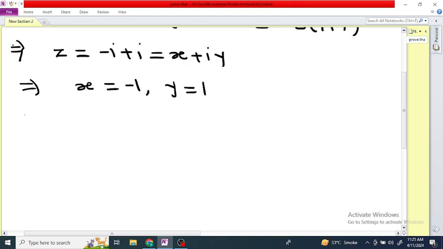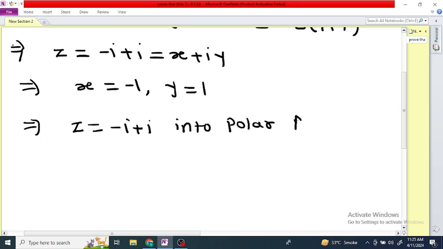Next, we are going to convert the complex number z = -1 + i into polar form. So what is a polar form?